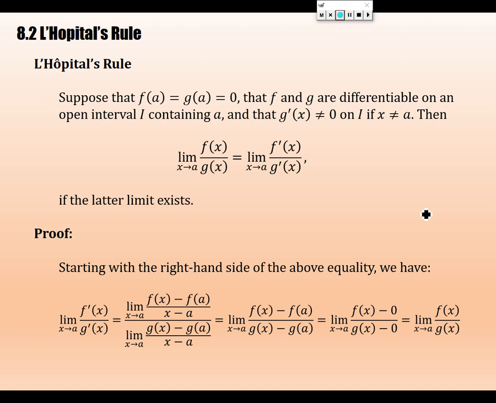Now, intuitively, this should make sense too, because remember what we've been discussing recently, especially as it relates to the linearization of a function. Remember this? Think about sine x over x, for example. The pre-calc student thinks that maybe there's a vertical asymptote at 0, because the denominator is undefined. But you know better.